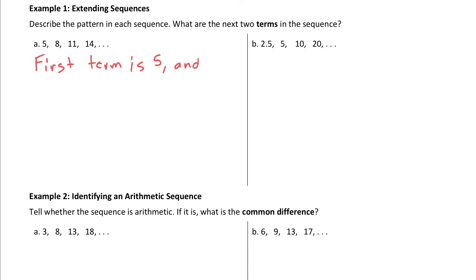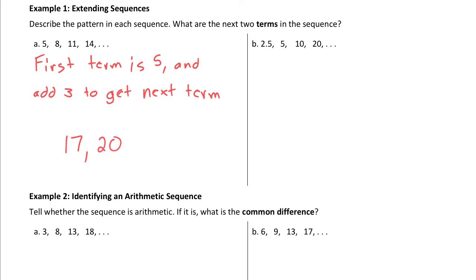And you add 3 to get your next term. That's how I would describe that. Start with 5, and you add 3 to get to the next term. So if I was finding the next two terms in the sequence, if it's adding 3 to get to the next term, 14 plus 3 is 17. 17 plus 3 is 20.